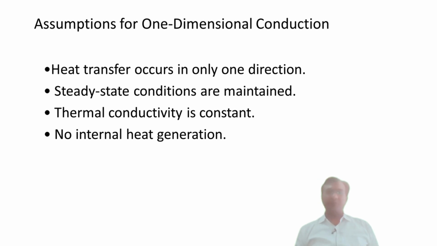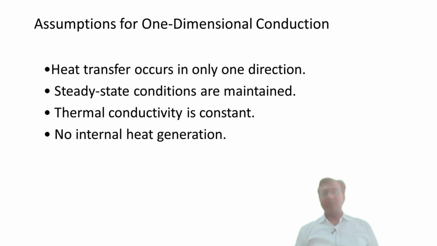Second, we assume steady state conditions, meaning the temperature distribution doesn't change over time. This is typical in systems that have reached equilibrium, like a wall with constant temperature on either side.